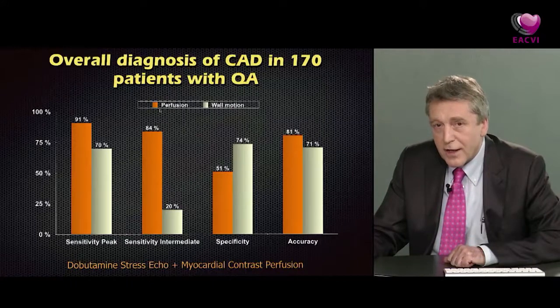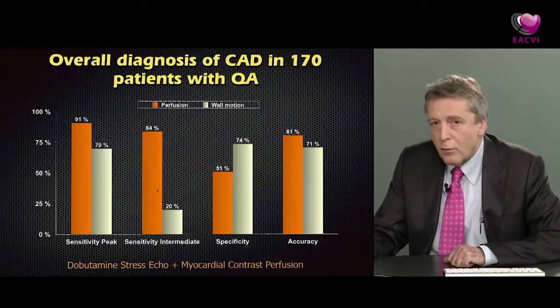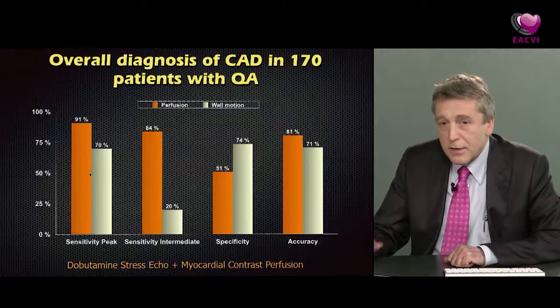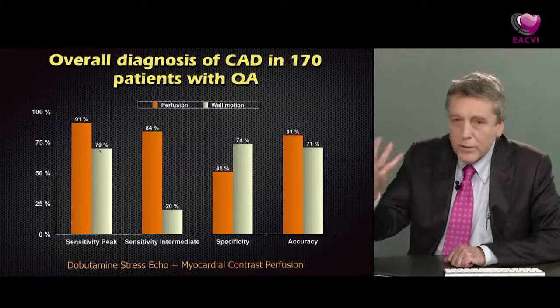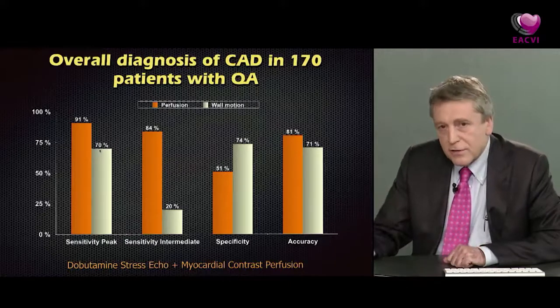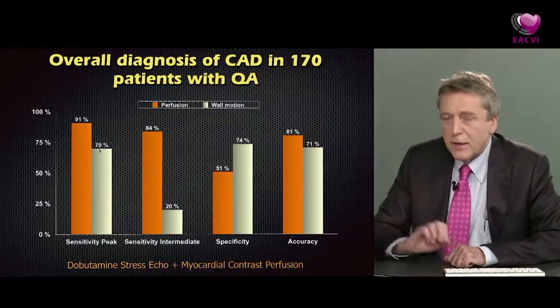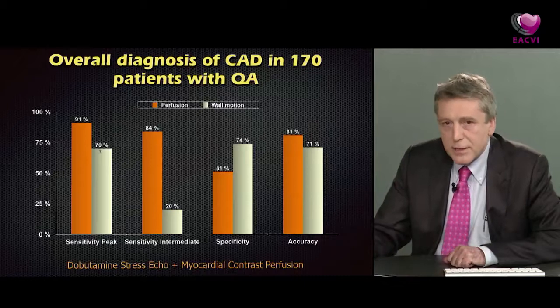Even at peak stress, it's higher, although clearly we might expect more wall motion abnormalities to occur here. But sometimes, for various reasons, we don't ever make it to the peak stage of stress, or we want to increase our confidence. And as you can see, by adding contrast in and looking at myocardial perfusion, we really do have the ability to do that.